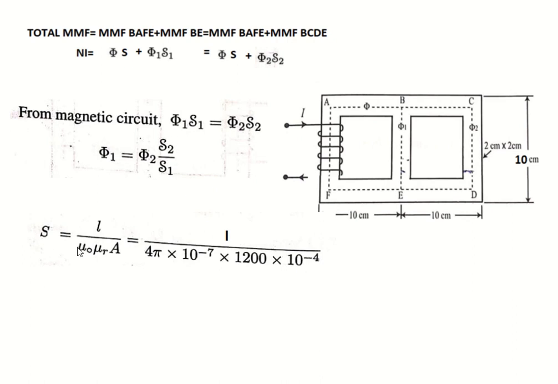S equal to L by mu 0 mu r into A. Length will vary depending upon the portion we have taken, and the denominator portion is the same. Mu 0 is 4 pi into 10 raised to minus 7, mu r 1200, and area is 4 into 10 raised to minus 4.